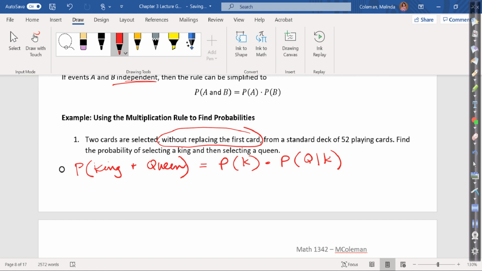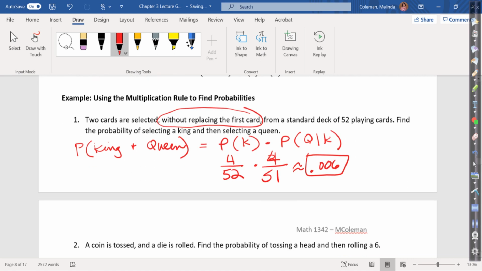The probability of a king would be 4 out of 52. The probability then that I get a queen would be 4 out of 51, because again, we took that king out. If I multiply those together, I get approximately 0.006.